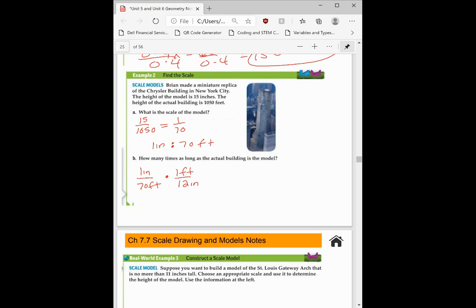What this is going to do is get rid of all the units because the inches will cross out and the feet will cross out. So we get 1 over 840. That means the scale factor is 1 to 840. So that means that the model is 1/840th as long as the actual building.